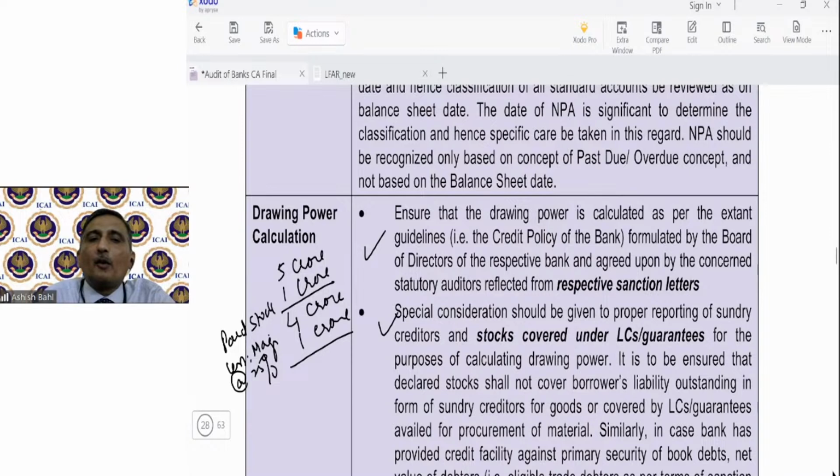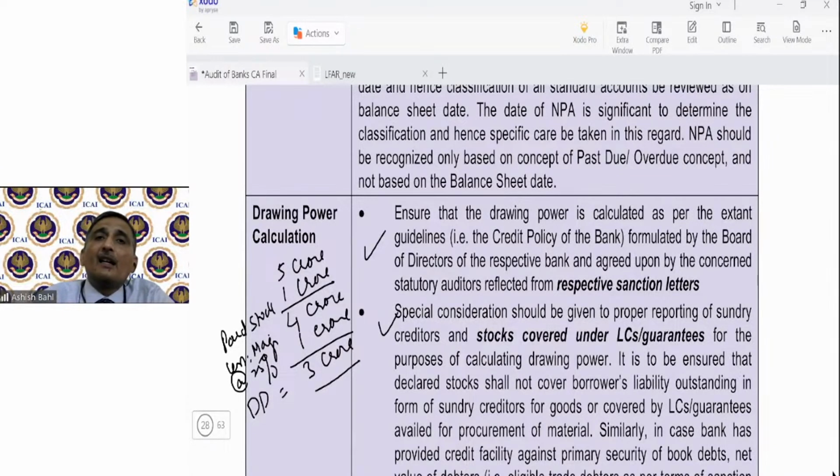So drawing power would be 3 crores. So drawing power is always calculated on the basis of paid stock, after reducing the value of stock which has been purchased on credit or which is covered under a letter of credit.